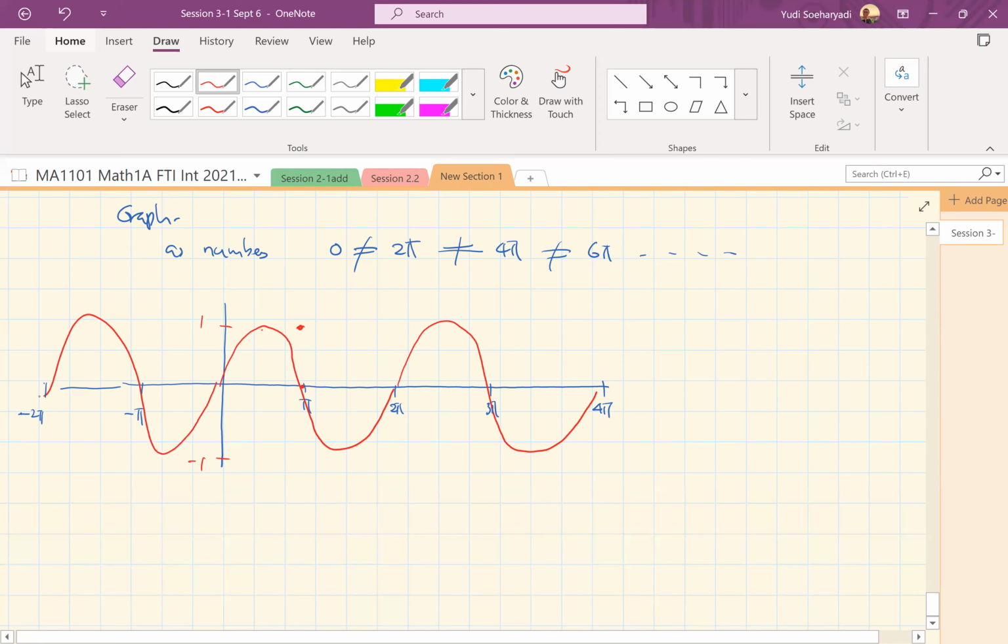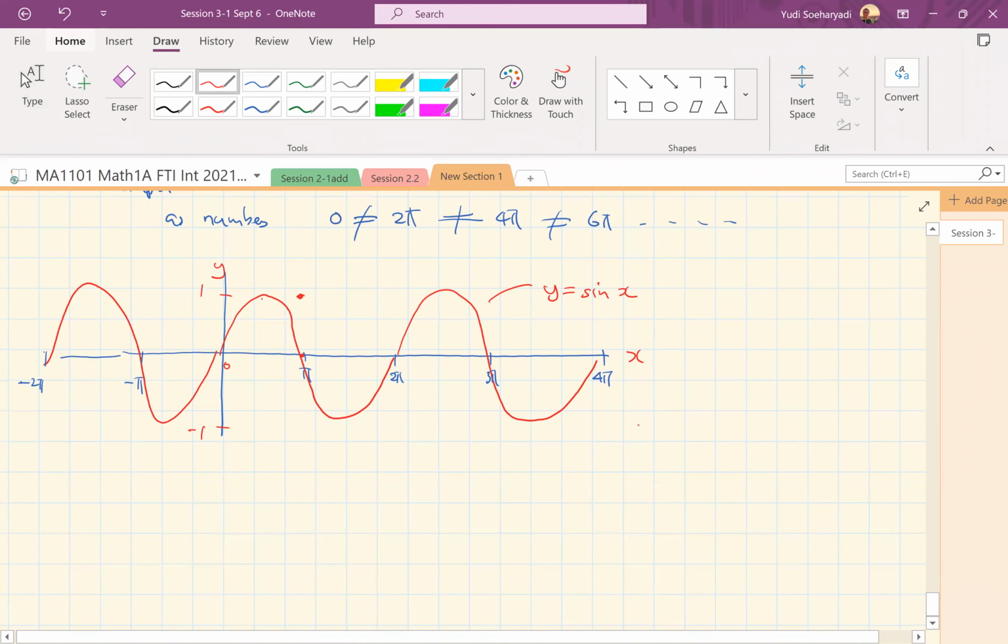So this one becomes sine x. All right. So you cannot identify 2 pi, 4 pi, 0 anymore. This is a function that we call a periodic function of period 2 pi. Why?